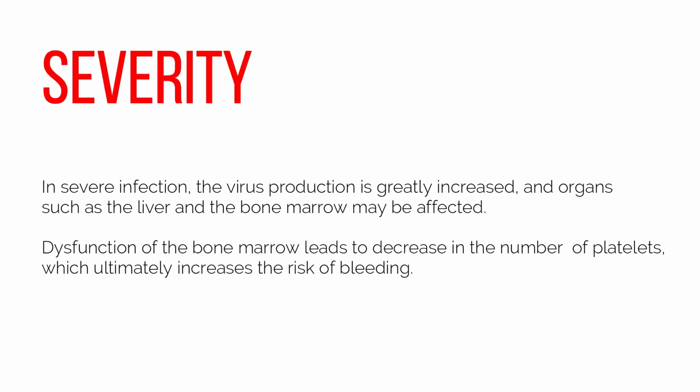Severity. In severe infection, the virus production is greatly increased, and organs such as liver and the bone marrow may be affected. Dysfunction of bone marrow leads to decrease in number of platelets, which ultimately increases the risk of bleeding.